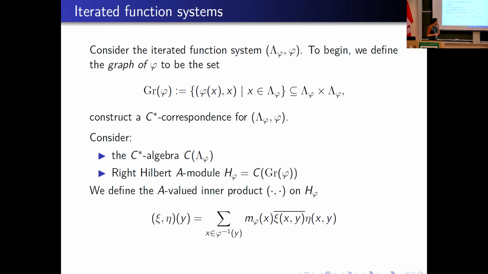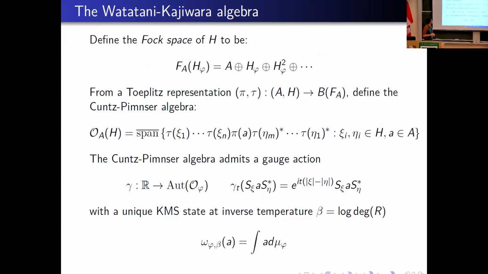In the complex case, this has been done by Watatani and Kajiwara, and since then it's called the Watatani-Kajiwara algebra. It's a particular case of an algebra called the Cuntz-Pimsner algebra, applied to this specific case. So how to construct this algebra?